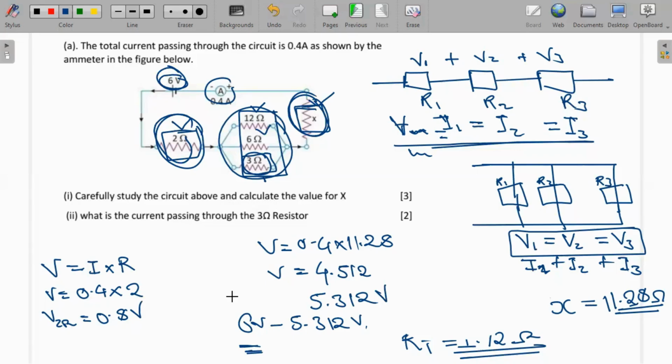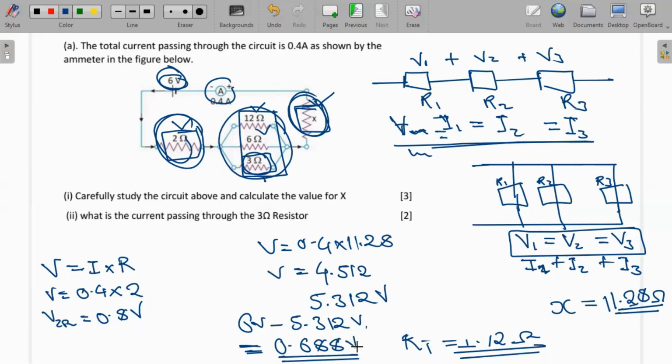What voltage do we remain with? 0.688 volts, right?